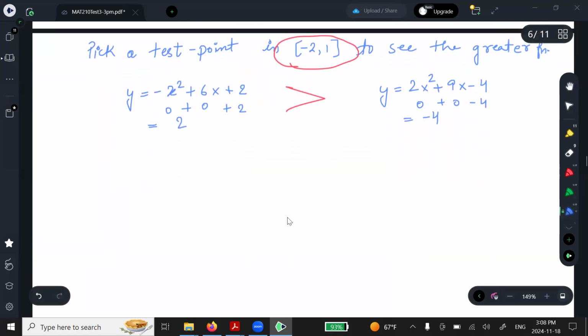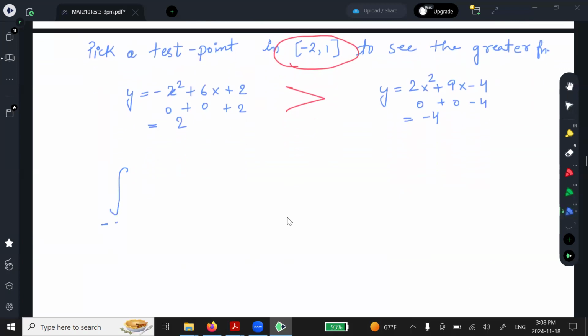So now I do the integral from negative 2 going up to 1. I have the bigger function first, and I subtract the smaller function. So everything will be subtracted. So I got negative x squared plus 2 minus, in parentheses, 2x squared plus 9x minus 4, dx. I would recommend you simplify before you integrate.